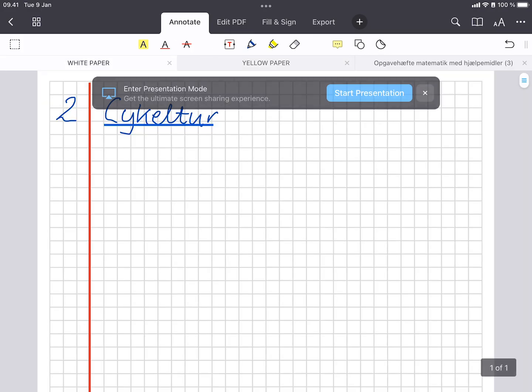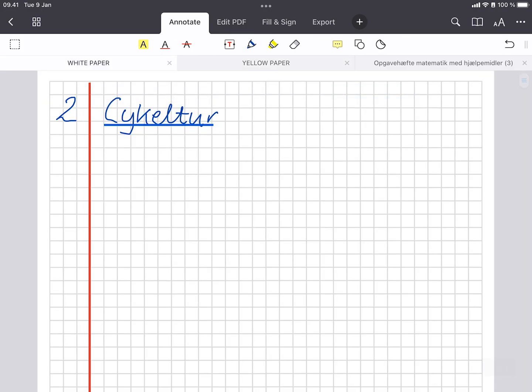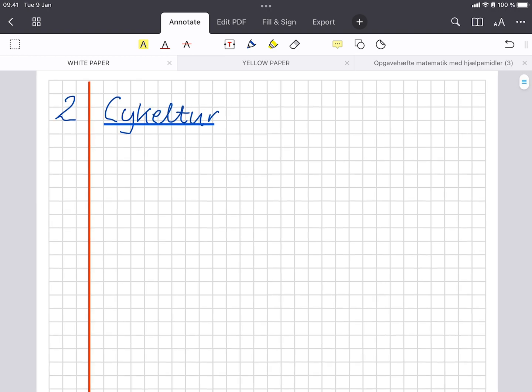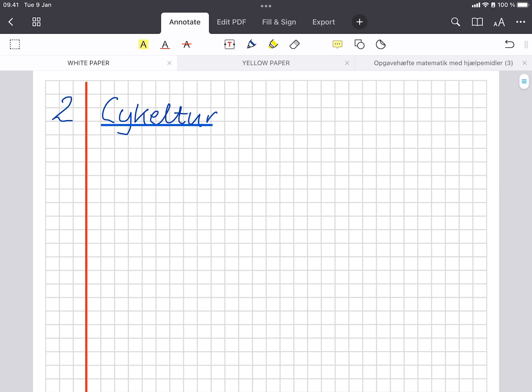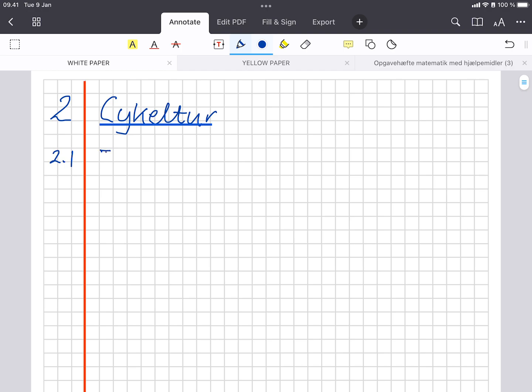So let's just think of how I'm going to set this out on the neat paper. So I'll go 2.1, time they need to leave, colon there, calculation over here.